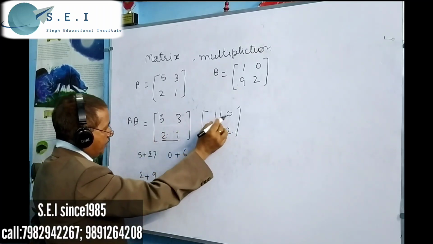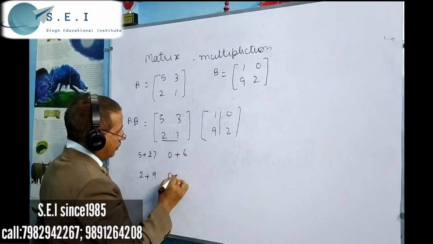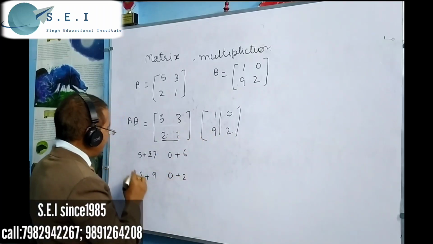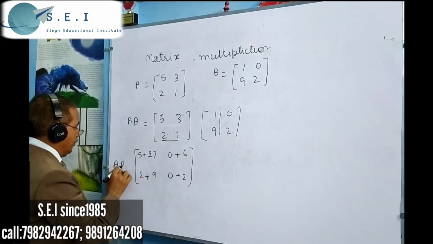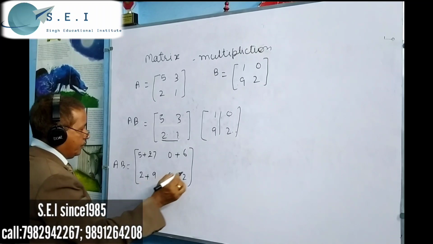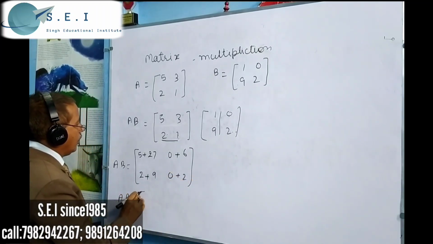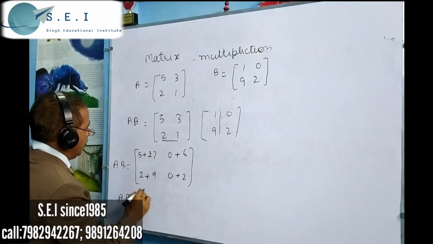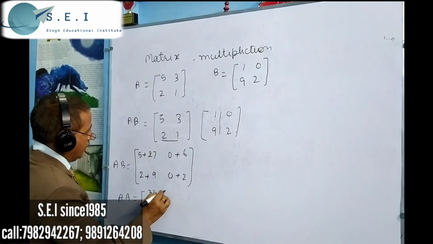Next, 2 multiplied by 0 is 0, and 1 multiplied by 2 is 2. Finally, we get AB, which is equal to 32, 32, 11, 6, 2.